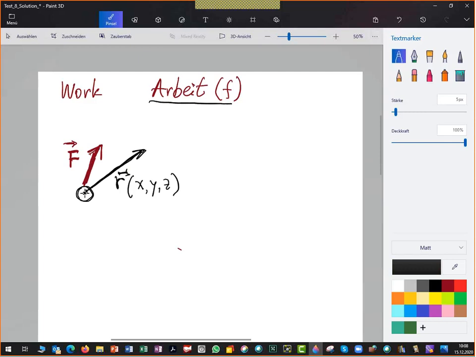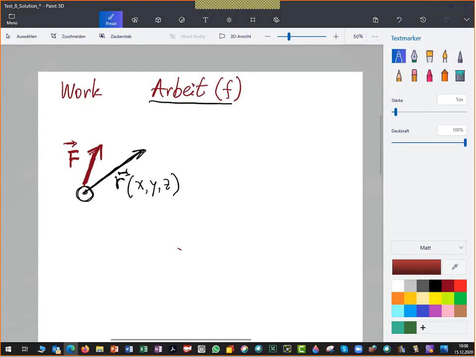So, and then the concept we will use in the future will be how much work is done by the force. So obviously this displacement is caused by the work, but how much work is done by this force.